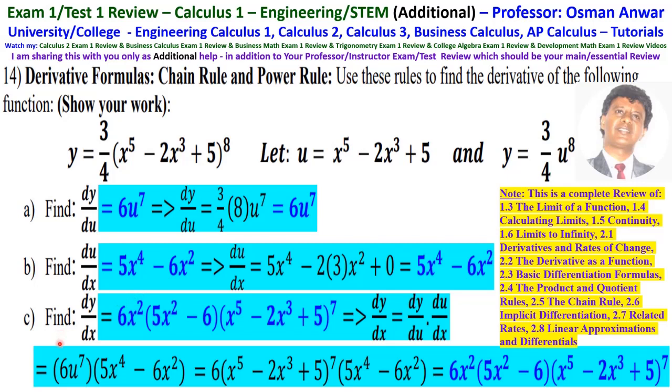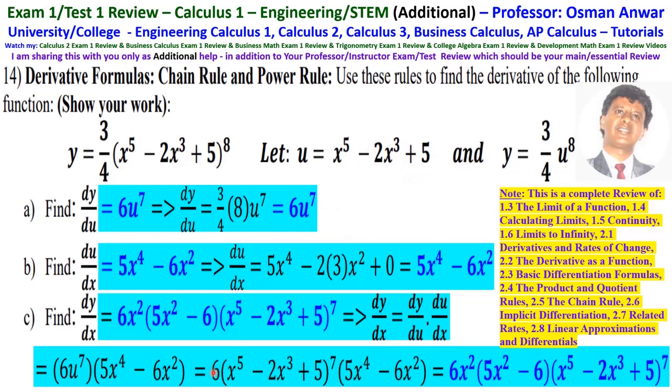dy by du is 6u to the 7. Du by dx is 5x to the 4 minus 6x squared. Then that is equal to 6, but we know u is x to the 5 minus 2x cubed plus 5, so substitute that.